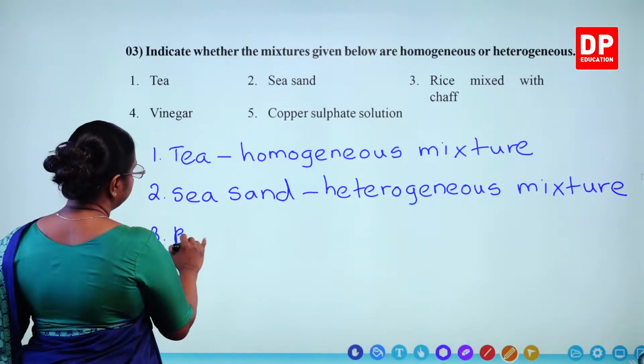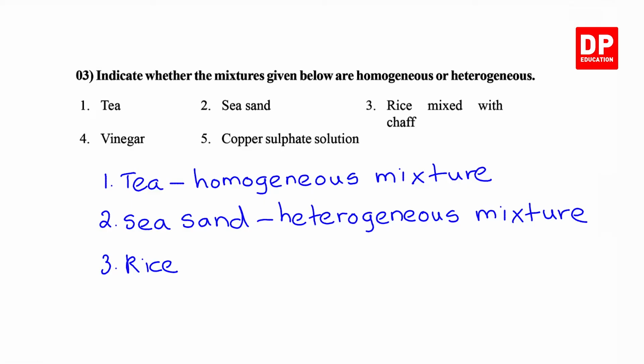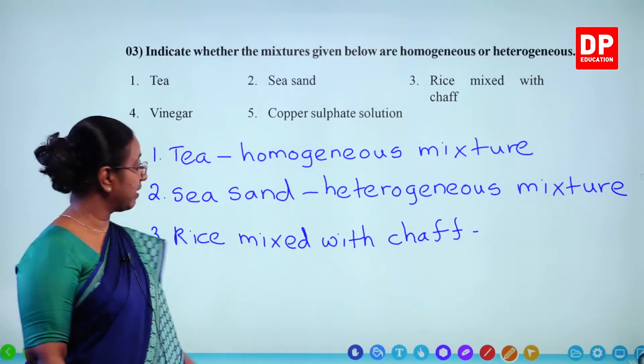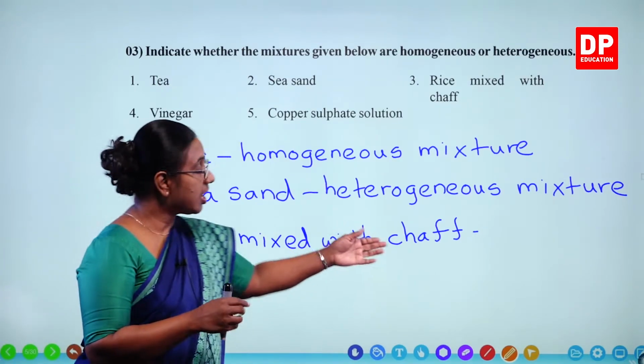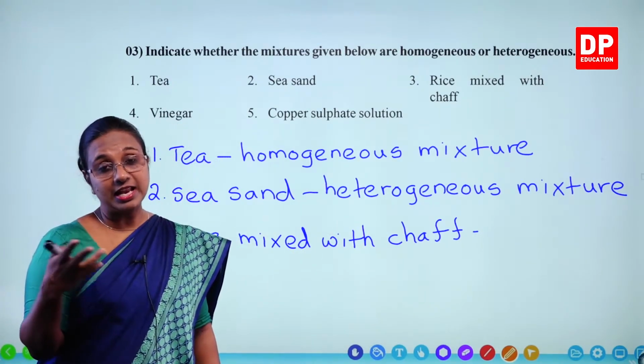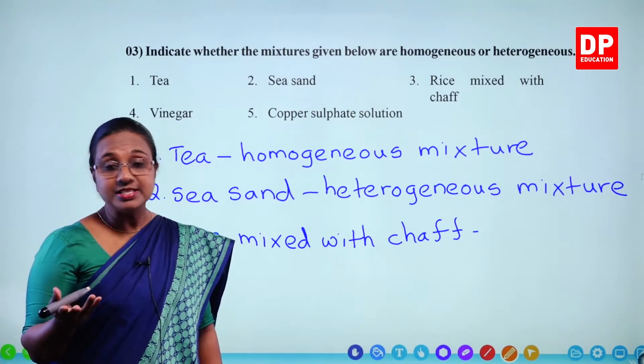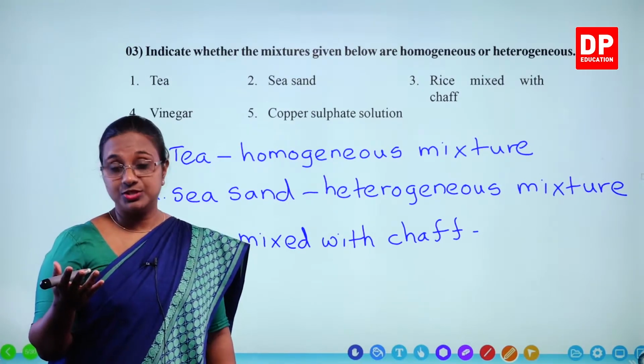Then the third one. What is that? Rice mixed with chaff. It's very easy to identify. You know the rice, those are solid grain particles. Chaff is the outer covering, very light component. So, easily you know it is a heterogeneous mixture.